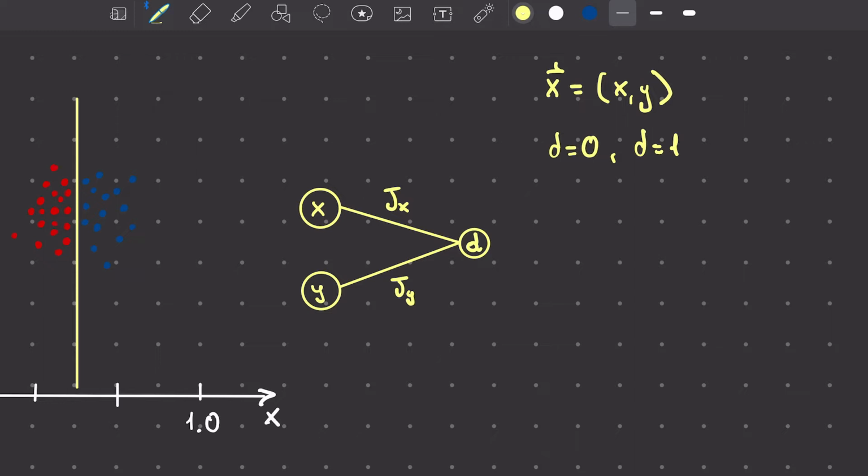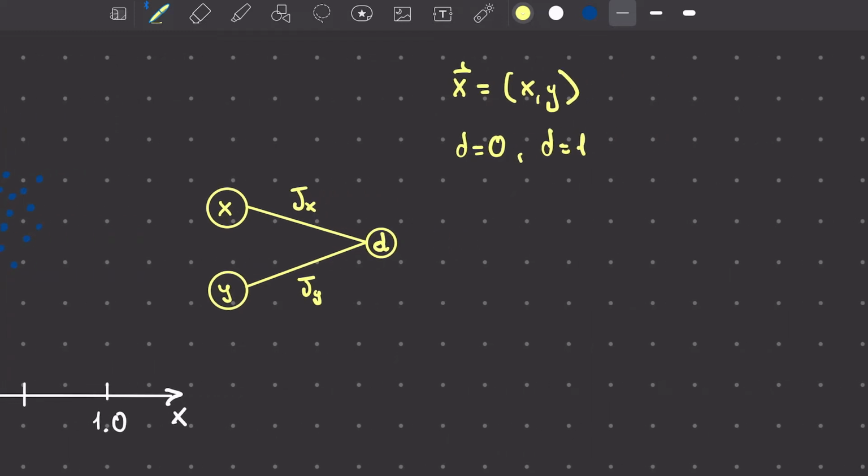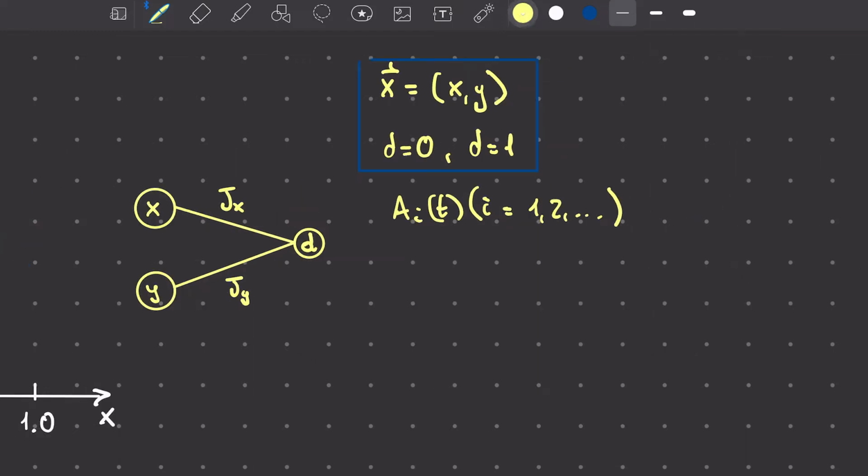So, for example, for a dynamical system with i degrees of freedom, a_i(t), for i equals 1, 2, however many degrees of freedom it has, the Hamiltonian is gonna be composed of these degrees of freedom, basically the a_i.